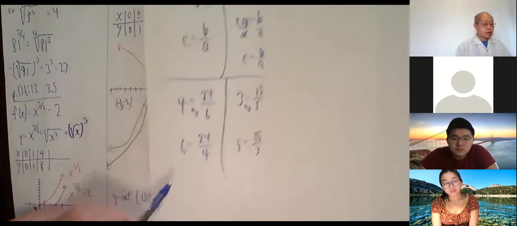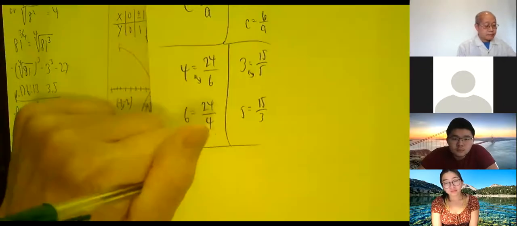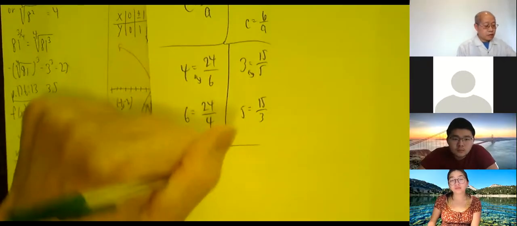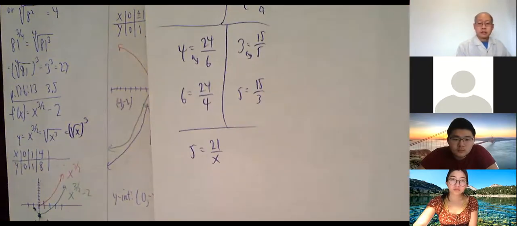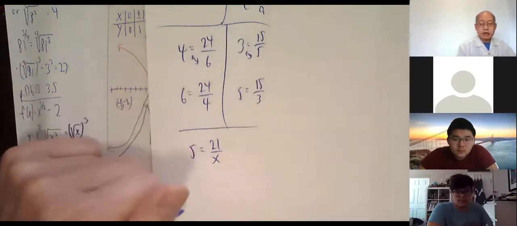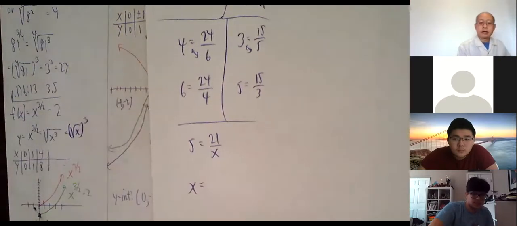So suppose you get something like this: 5 equals 21 over x. Then I will let you immediately go to x is equal to what? 21 over 5.